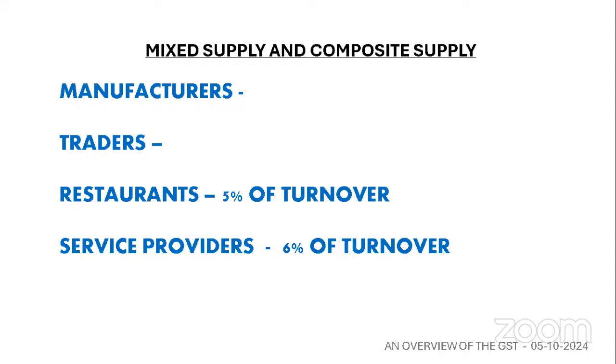When you sell two or more goods or two or more supplies as a bunch, as a bundle, it will fall under either mixed supply or composite supply. Now, whether a supply is a mixed supply or a composite supply determines the tax rate applicable in respect of this particular supply.